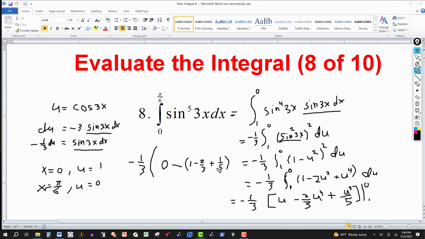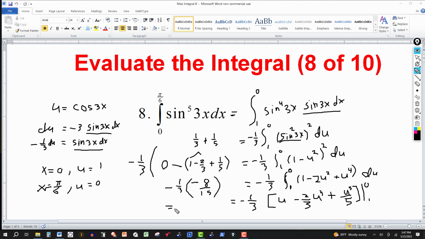So we add these two right here, 1 and minus 2/3 is 1/3. Then we have to add the 1/5 to that. And this will give us 8/15. Then you apply the minus, so that'll be a minus right there. And we have a negative 1/3 out in front.